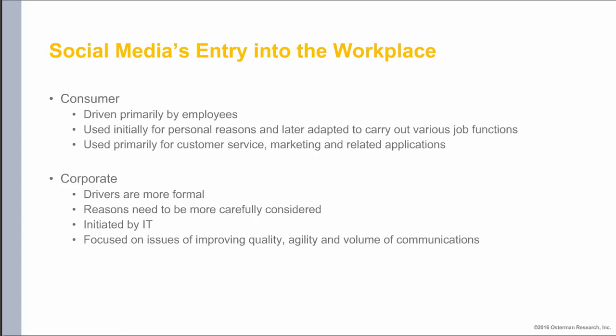And typically, you're going to implement some sort of a corporate or enterprise social media platform so that you can improve the quality of your communications, improve the agility of your organization, maybe address the volume of communications. A lot of organizations, for example, are starting to adopt enterprise social media because they don't want to rely on email as a file sharing or collaboration tool. And while email continues to dominate communications and collaboration in most organizations, it's really not a tremendously efficient way to share information.